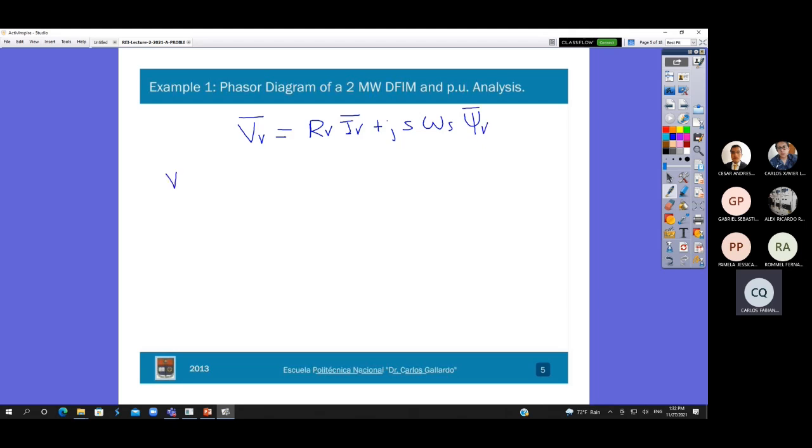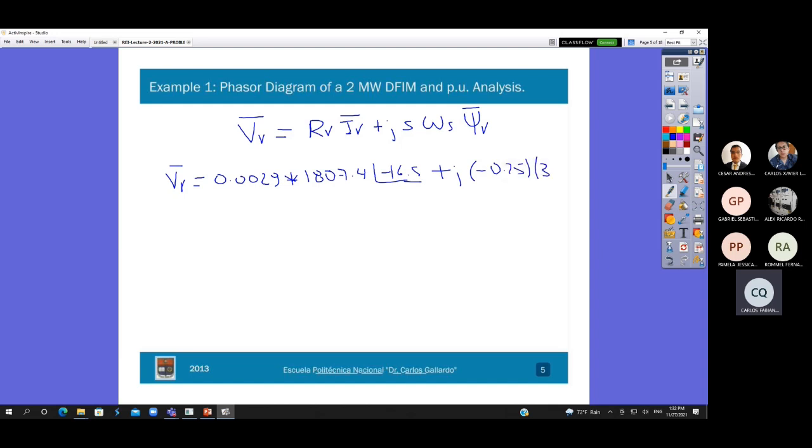Okay, so substituting the values, I will have 0.0029 times the rotor current, 1807.4 with negative 16.5 degrees, plus j. The slip is negative because it is hypersynchronous operation, so I will have 0.25. This is the slip.